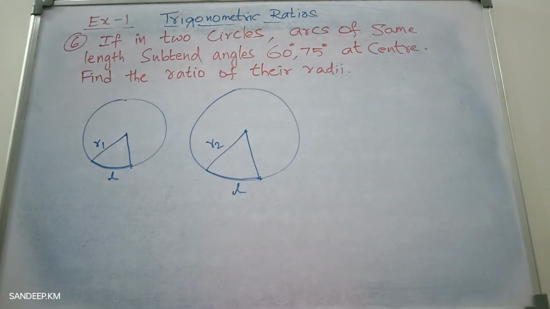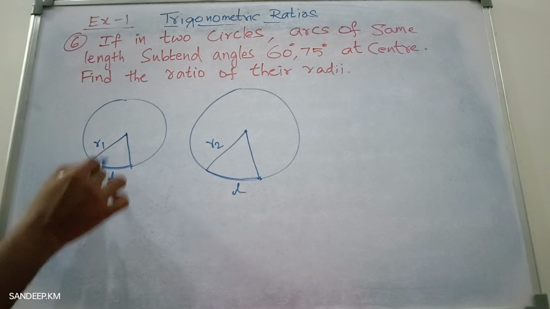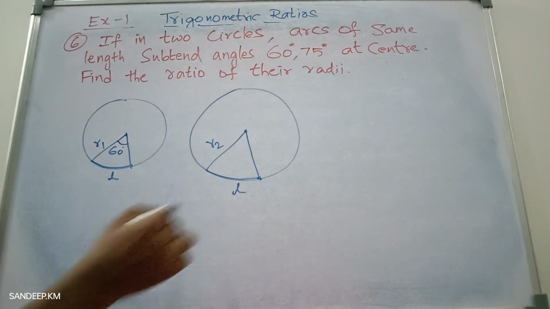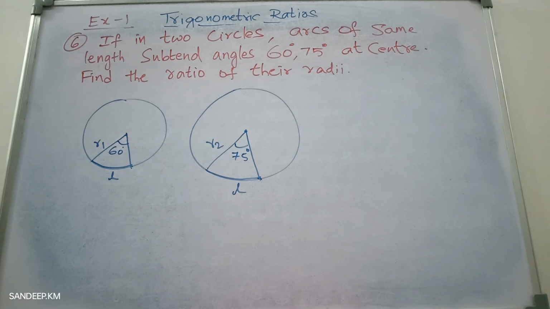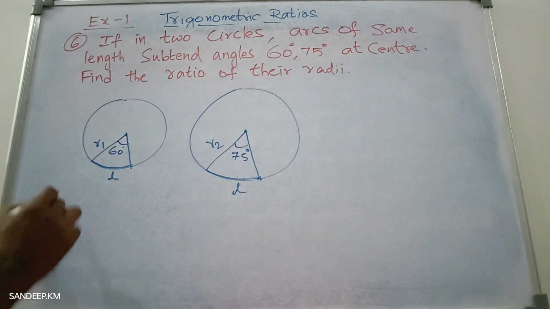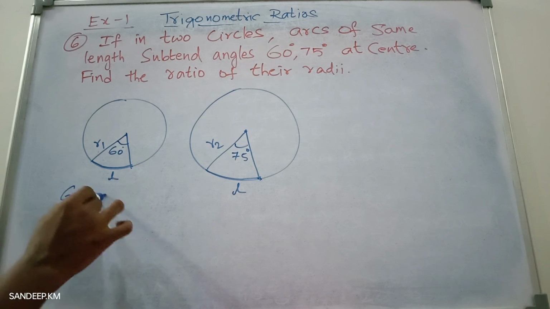Okay. They told that this arc subtends 60 degrees at the center and this arc subtends 75 degrees at the center. And what are we supposed to find in this particular question? The ratio of radii. That means R1 is to R2. So this is what we are supposed to find. First, let us write the given information.